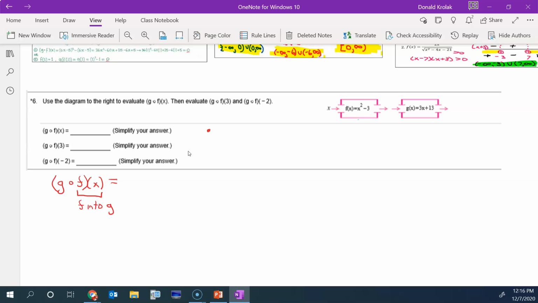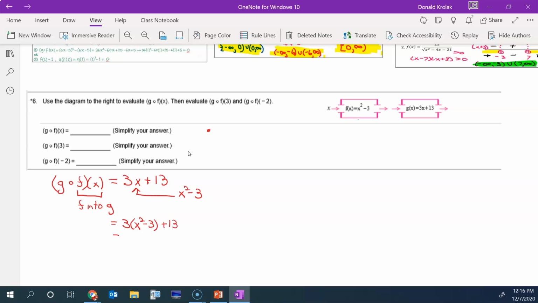Our g function is 3x plus 13. I'm going to take out that x, and in its place, I'm going to put f of x, which is x squared minus 3. So that's going to equal 3 times (x squared minus 3) plus 13.